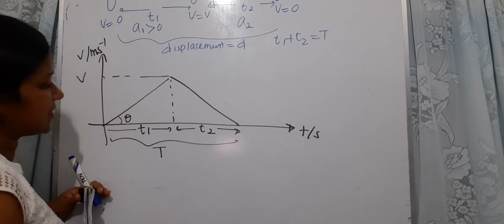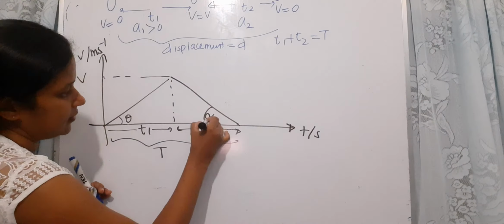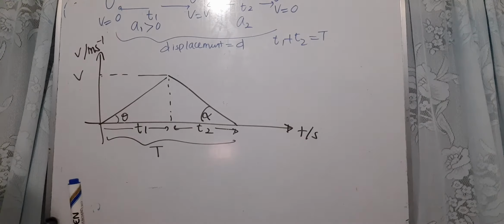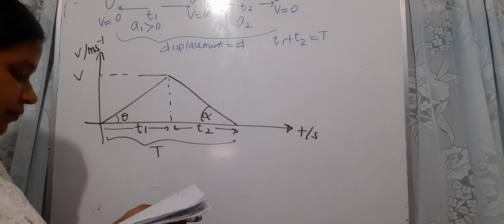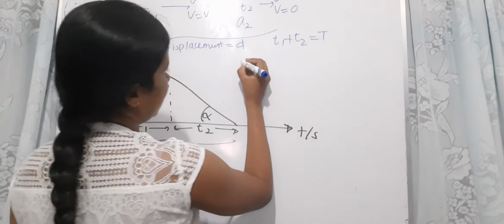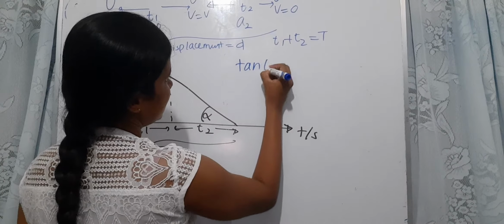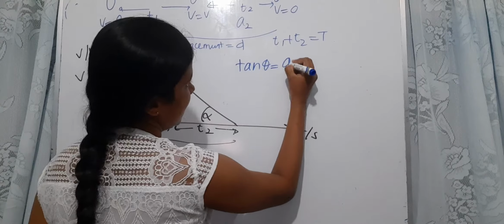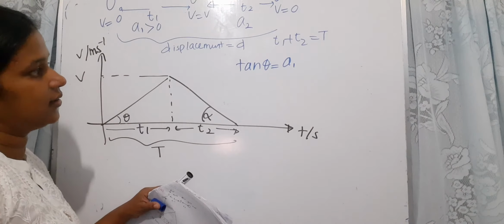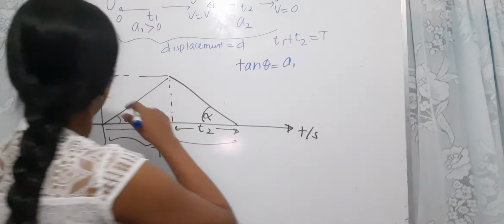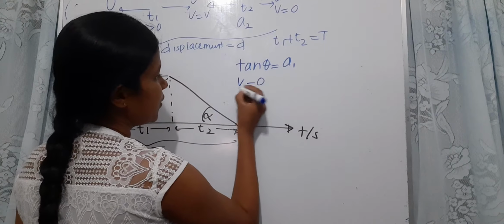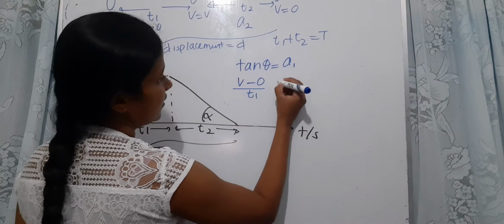Let's consider this as theta and alpha. This one as alpha. Then we have two clues here. Tan theta value is given. Tan theta is a1, and then this is V minus 0 over T1.